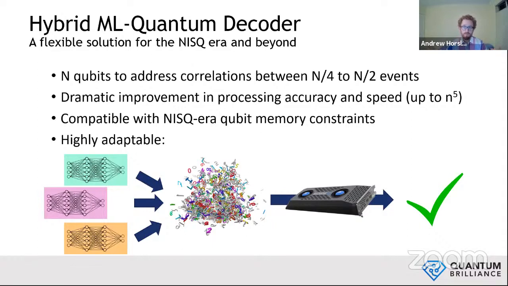So with this, we can filter the large amounts of data, output a small amount of very high quality, highly correlated data that is challenging for a classical computer to address. And we can then use our quantum system to just analyze that, and so output the desired result.